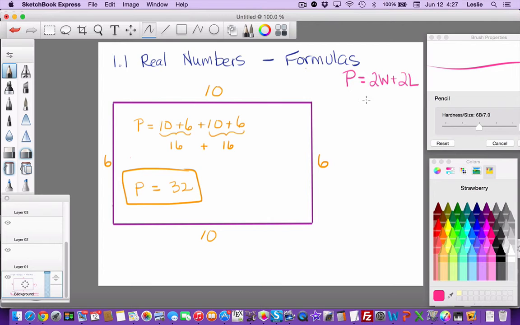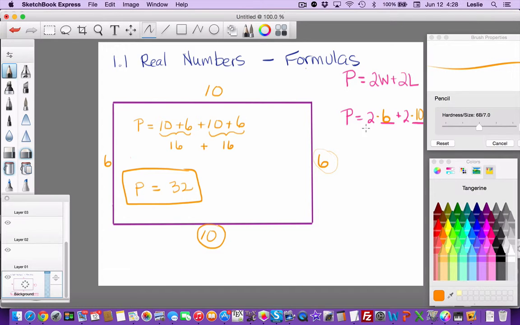Doing it the new way, since I know the width of the rectangle and I know the length of the rectangle, I can replace the letter W with what it represents, the 6, the width for this particular rectangle. And I can replace the letter L with what it represents, the 10, the length for this rectangle.